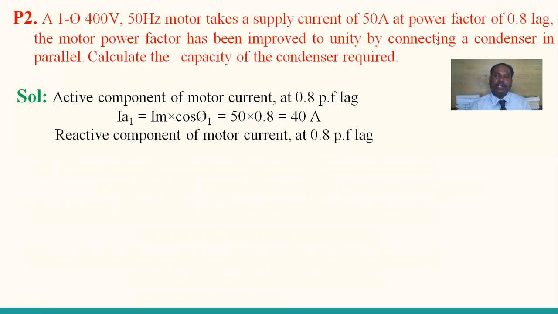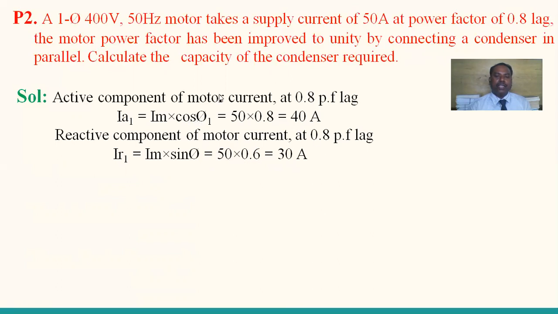The reactive component of the motor current IR1 is equal to motor current into sin phi. Cos phi is 0.8, sin phi is equal to 0.6. So 50 into 0.6, which is equal to 30 amperes.